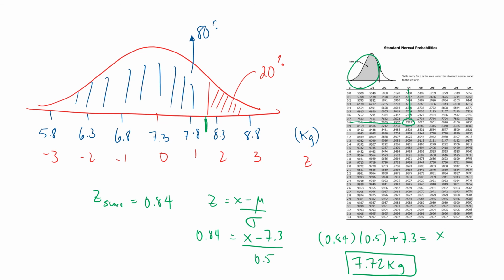And does that make sense? Yes, that is higher than the average, which is what we're expecting for this value here. It's going to be higher than the average. So that means if your baby is in the 80th percentile, it means 80% of the babies are below your child, which is 7.72 kilograms, and 20% are above.